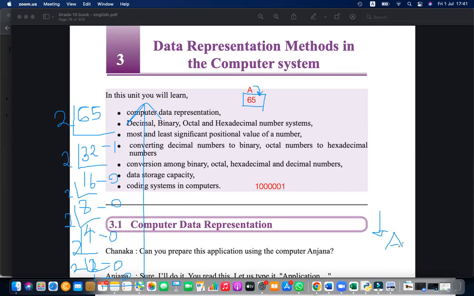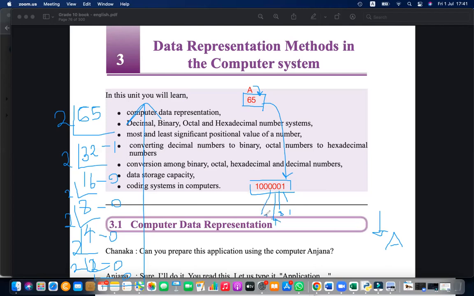And 65 you can't write in the computer, so it is represented using binary. The binary number for 65 is found by dividing by 2 and writing the remainder. The binary was 1000001. Let's take the positional values. Here you have ones; you don't have such. And here you have twos, you don't have such. It is 0. Then fours, again you don't have fours.